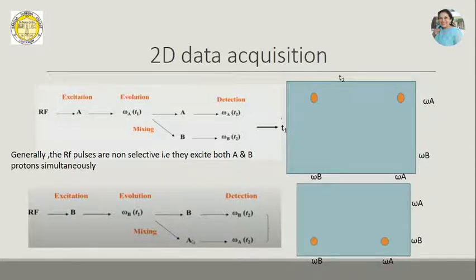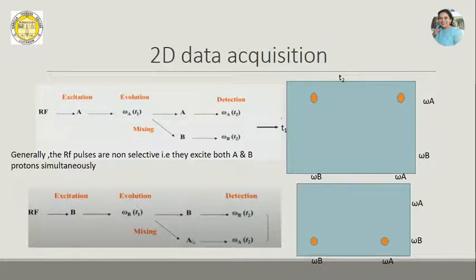The polarization has to be transferred to B, but obviously 100% polarization has not been transferred. So complete polarization transfer to B has not happened, and some magnetization or polarization is left with A.